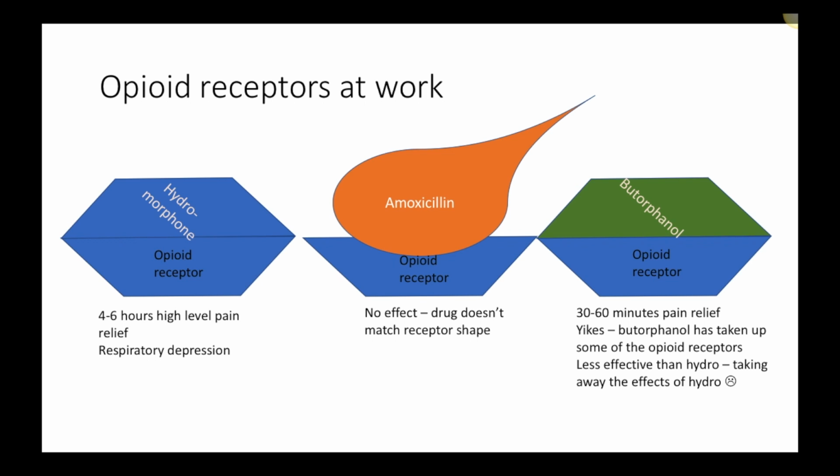So we've got a 100% mu agonist, working on the mu receptors. We have amoxicillin, which isn't even going to combine with the receptor, just to show you the difference in shape. And then we have this guy, a partial agonist-antagonist, which fits the receptors but has a lesser effect. So in a way, it's reversing the effects of the hydromorphone. It's being a pain in the butt is what it's being.